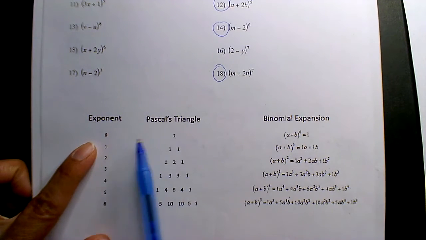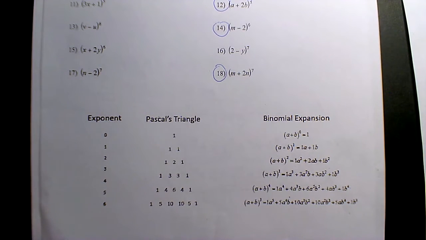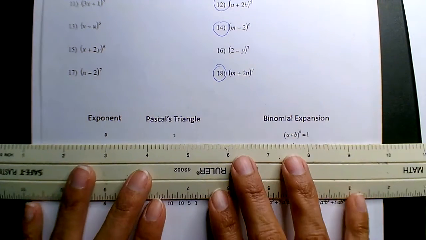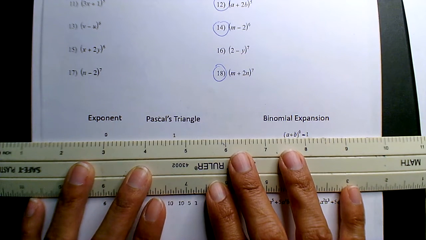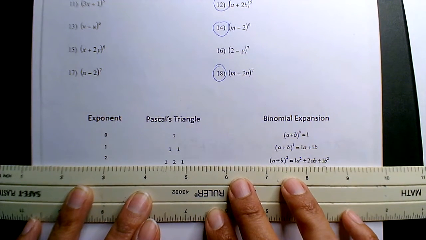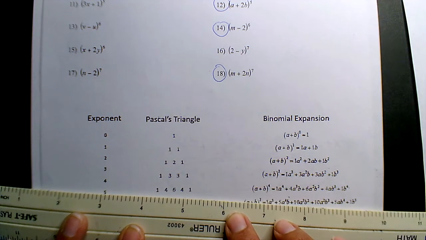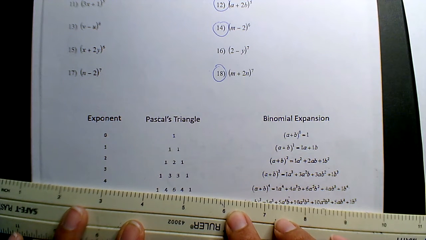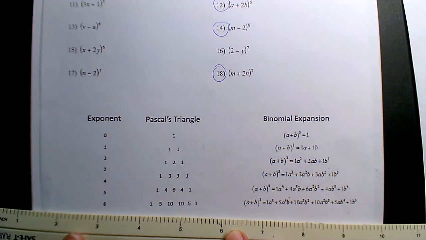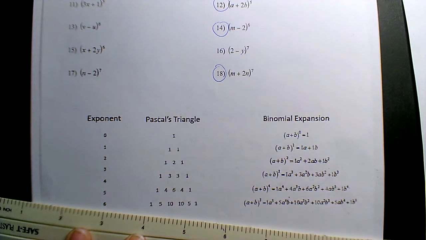These are lined up nicely, so the exponent is with that row. This is with this one, right? It's a little off center, right? This goes with this one. You can see the 4s with the 4, the 5s, and the 5s and the 10s, right?